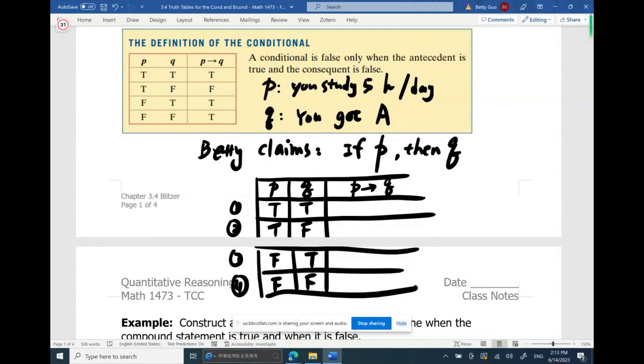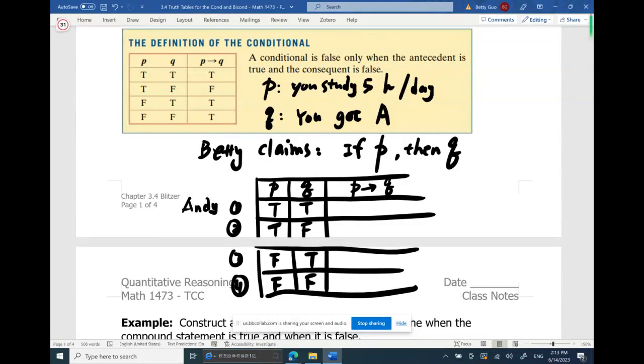Now let's look at the first case. Let's say Andy. Andy studied 5 hours every day, and by the end of the semester, Andy received a grade A from the course. So what do you think about my claim?